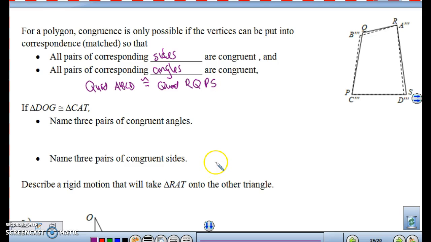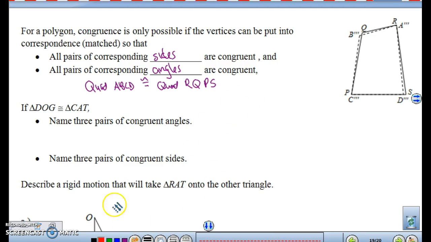So those are congruent. So when you are given a congruent statement, you should immediately be able to pick out what parts are congruent. Do yourself a little sketch if you need to. If we had triangle DOG is congruent to triangle CAT, you want to draw two triangles that are exactly the same. So here's triangle DOG, would be congruent to triangle CAT.